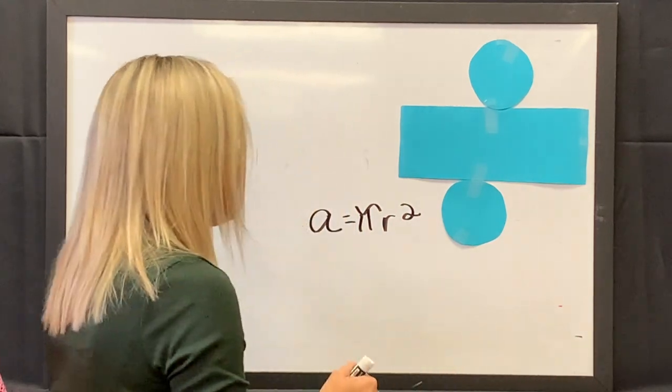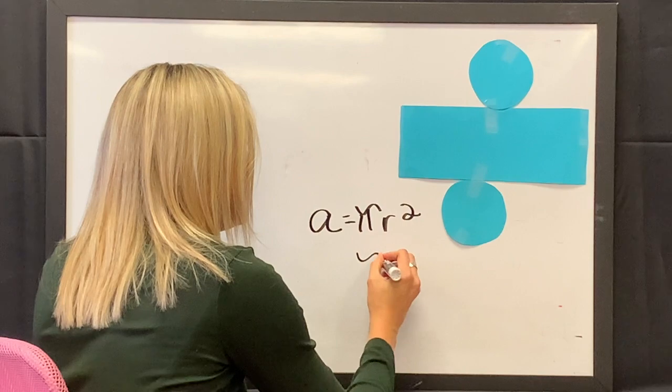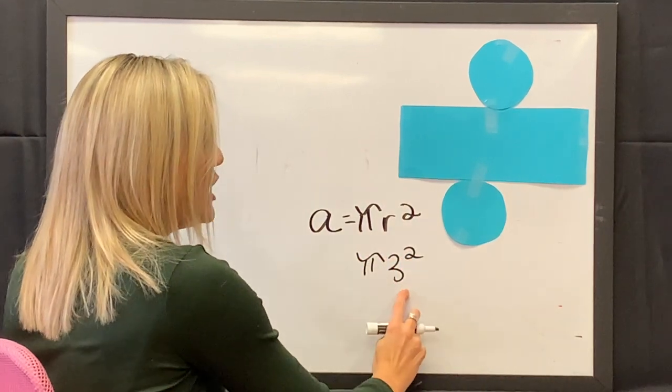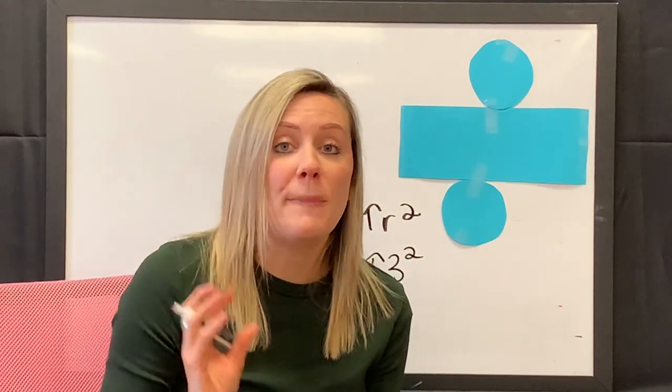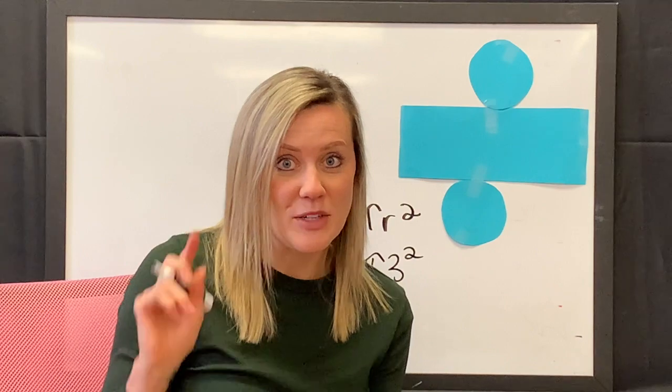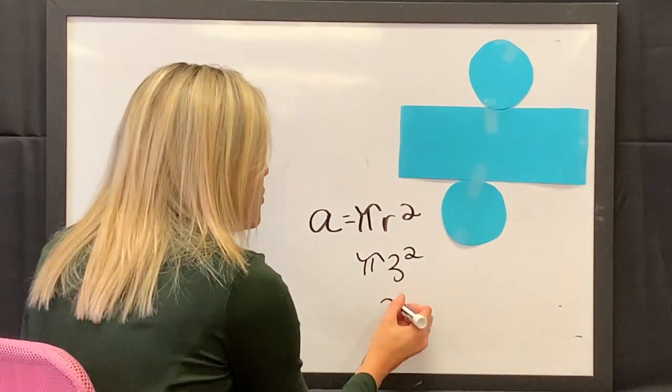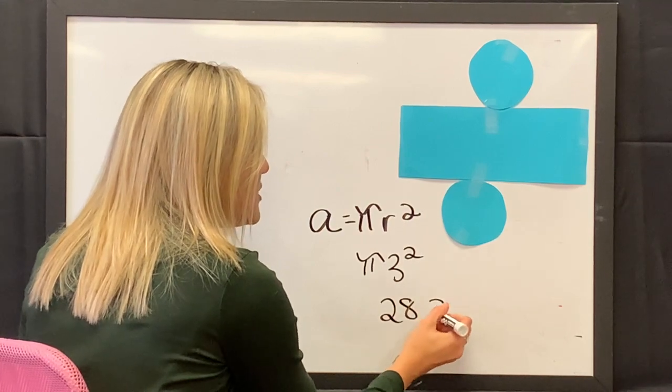So I'm going to figure out what pi times 3 squared is. Now I know 3 squared is 9, so I'm just going to figure out what pi times 9 is. Pi times 9 is 28.3.